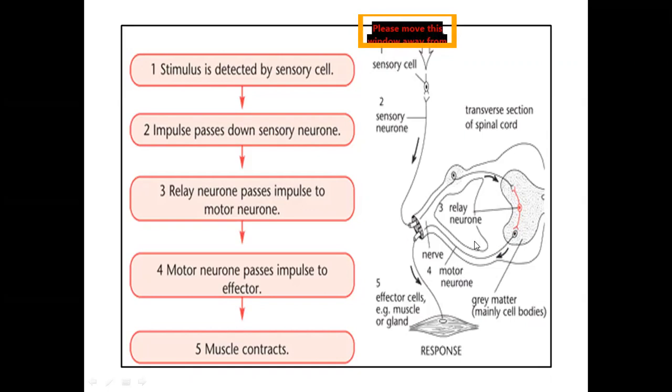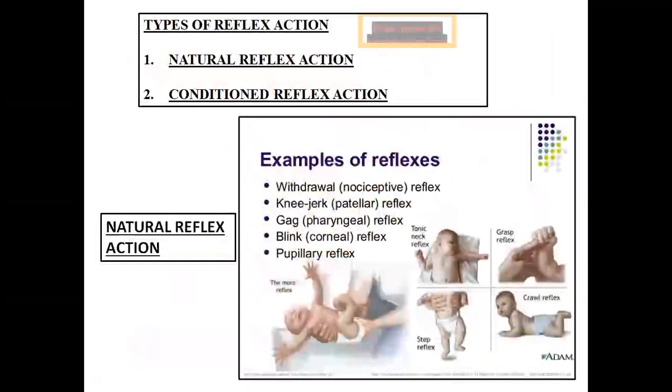The motor neuron passes the impulse to the effector, and from the effector to the muscles so that muscles can contract and a response is evoked. So this is how the reflex arc works and brings about a reflex action instantly.